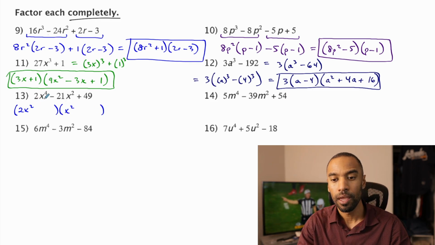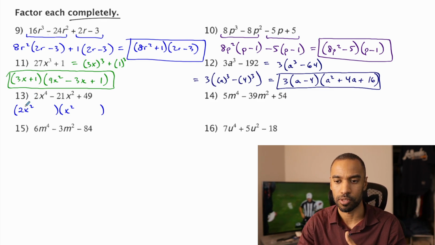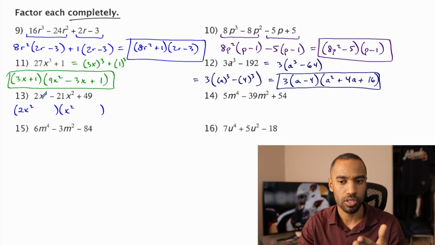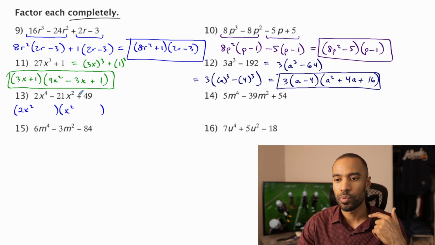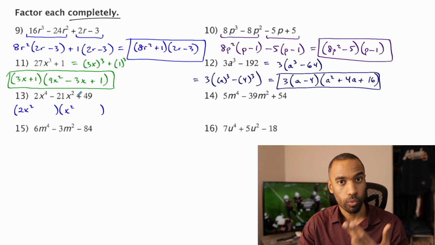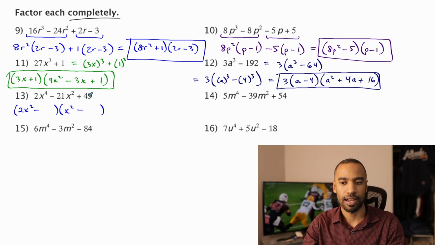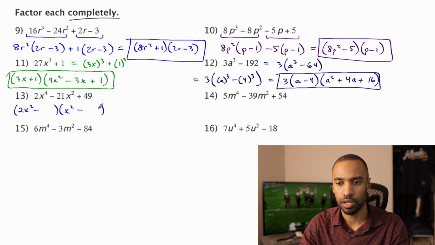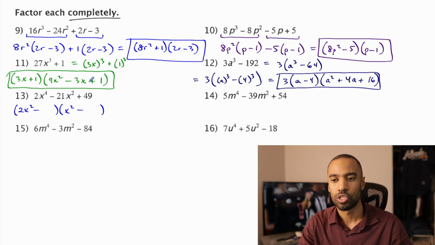And furthermore, as we're playing as normal factoring now, I know this is some sort of 2x squared times x squared. Only way I'm going to get 2x to the 4th here and a nice little x squared going on here. So we got a positive product and a negative sum. That means we also know a minus here. We've got to work out some factors of 49 that over the course of foiling here, this times this plus this times this, we get a negative 21.